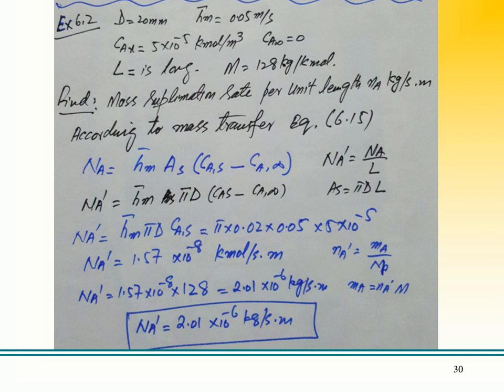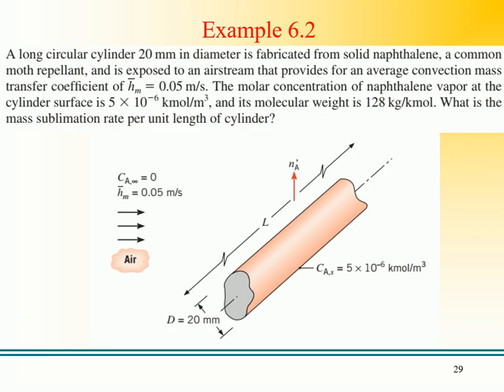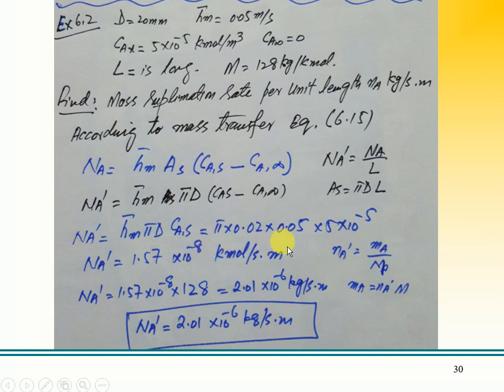I know the values of pi, diameter, h̄m, and CA,s. That is the molar concentration. Putting in the values, we get N'A as 1.57 × 10^-8 kilomole per second per meter. We need it in kilogram per second per meter.